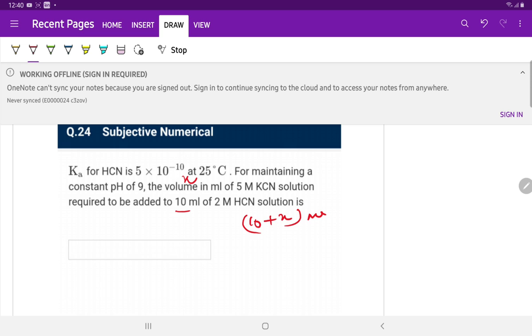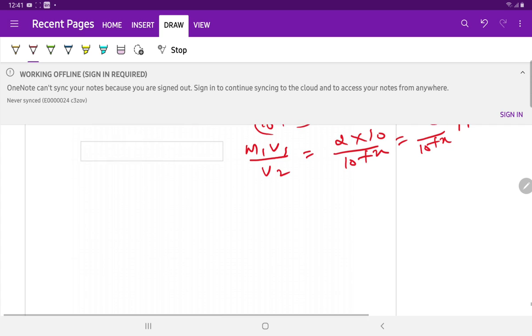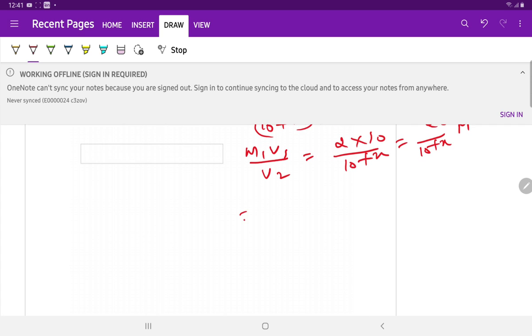Molarity of HCN in the final solution is M1 V1 upon V2, 2 into 10 by 10 plus x, which is 20 upon 10 plus x. Molarity of KCN in the final solution is 5 into x upon 10 plus x, which is 5x upon 10 plus x.